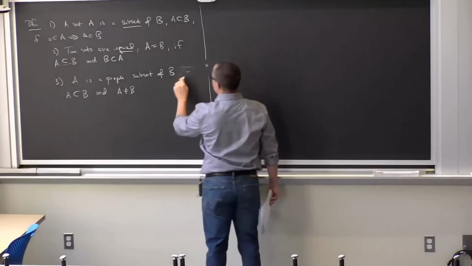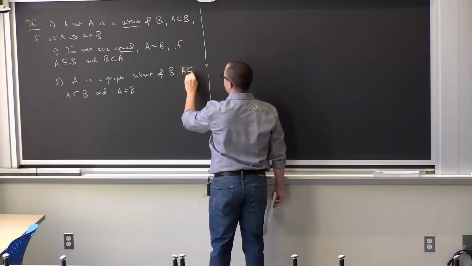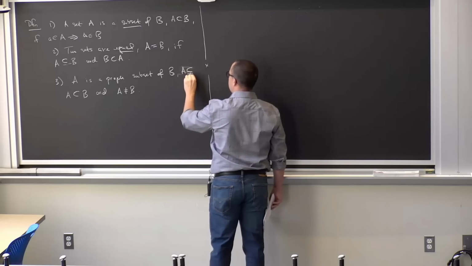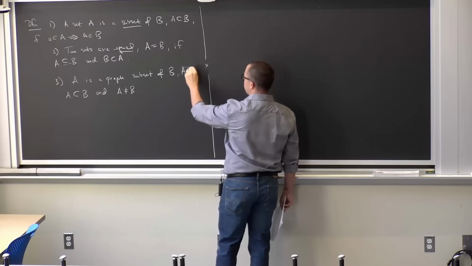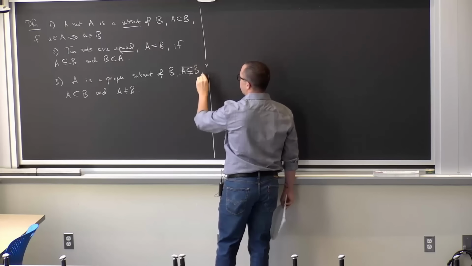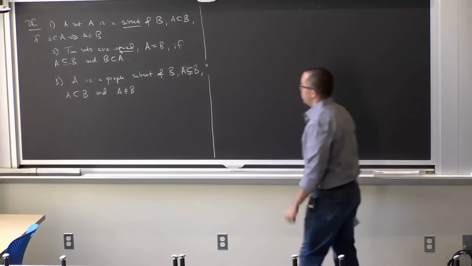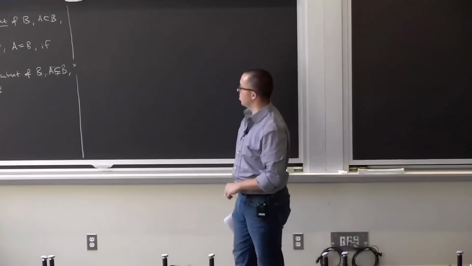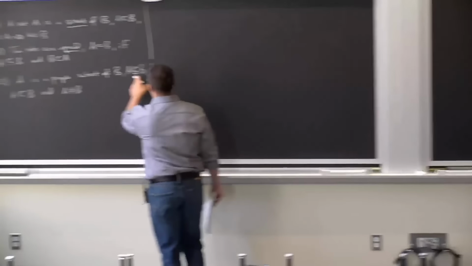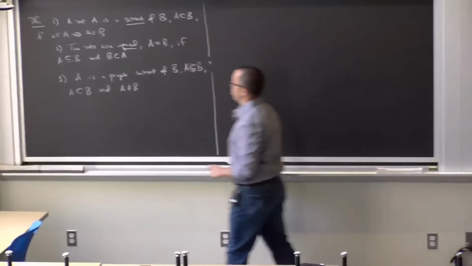And we typically write that as A with a C and a dash going through a line underneath it to signify that it's not equal. So think of it as less than or equal to, but not equal to, is one way to think about it.